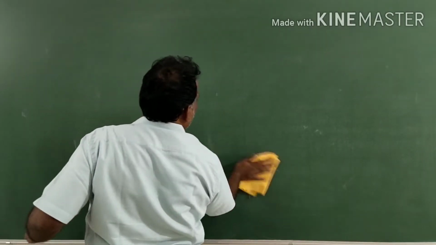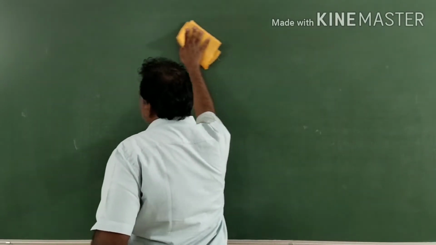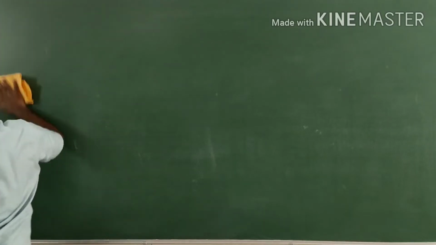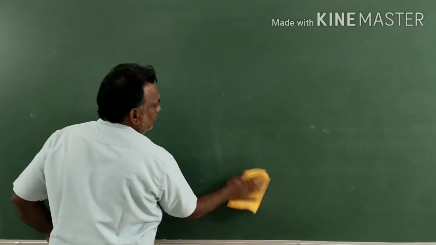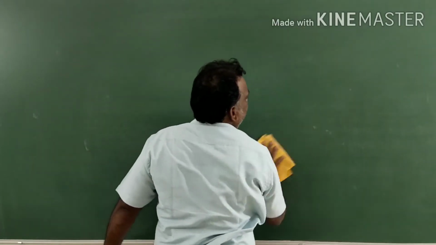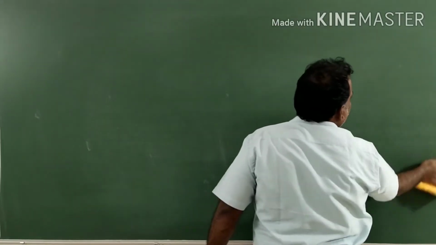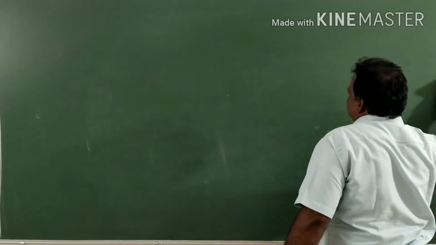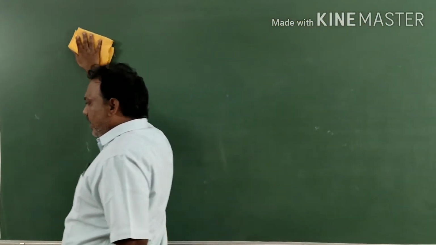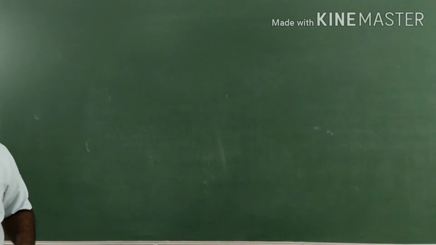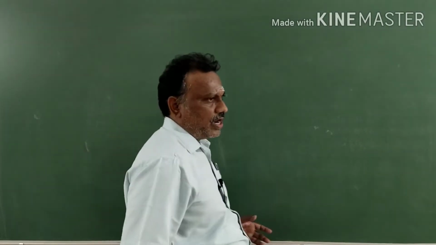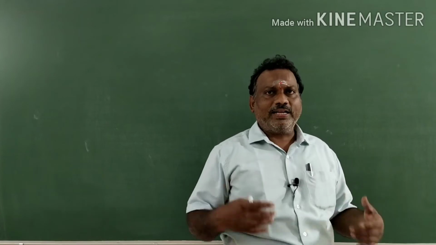Real axis and imaginary axis. The real axis is denoted with real numbers like 1, 2, 3, 4, minus 1, minus 2, minus 3. Whereas the imaginary axis is denoted with imaginary numbers like i, 2i, 3i, minus i, minus 2i, minus 3i, like that. So now we'll come to our next part.